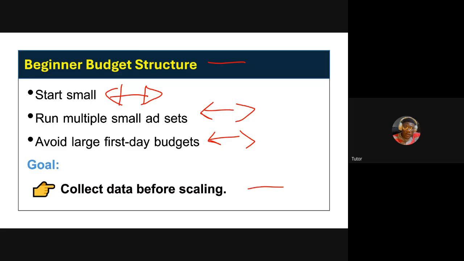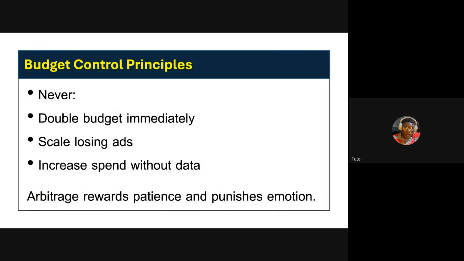Collect data before scaling. After you spend that little amount of money, use it to collect data about everything that happened: the processes, the result, and all of those things. Then you know how to fix everything before you start spending a higher amount of money. Now, budget control principles, how to control your budget as a beginner.